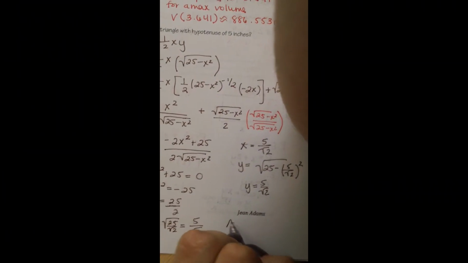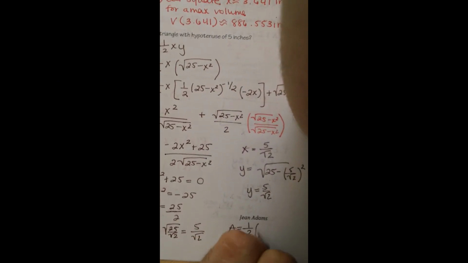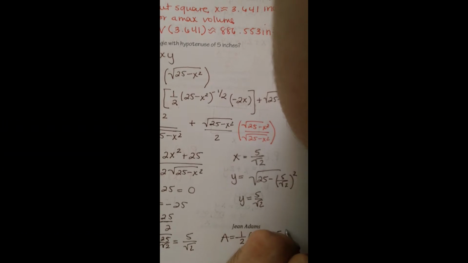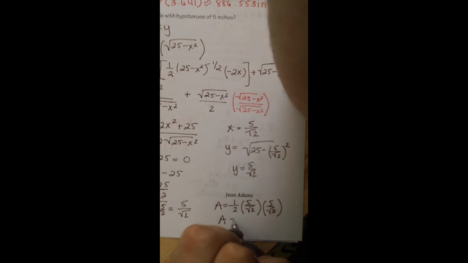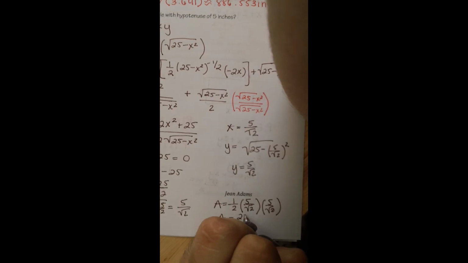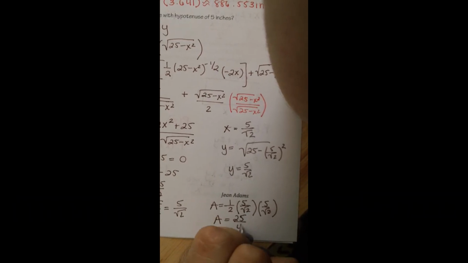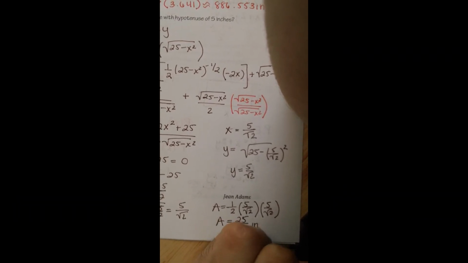To find our area, it'll be 1/2 x times y, which will then give us the largest possible area of 25 over 4 inches squared.